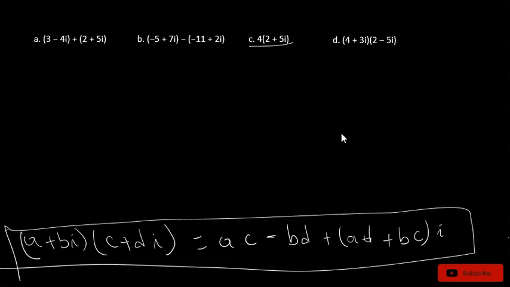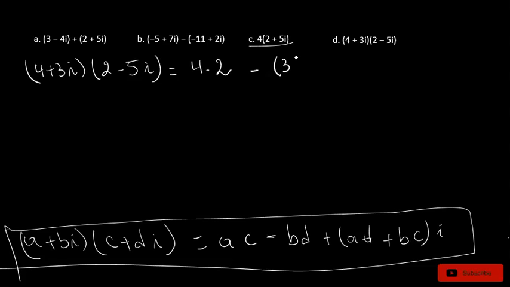I will apply this to the last example. I have here 4 plus 3i times 2 minus 5i. This is equal to ac, which is 4 times 2. Here b is 3 and d is minus 5, so minus bd is minus 3 times minus 5.